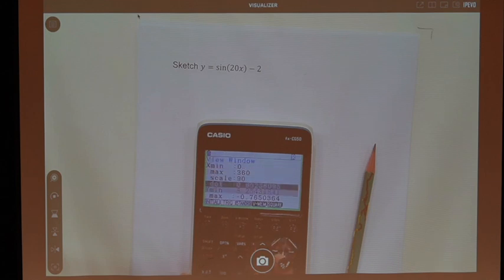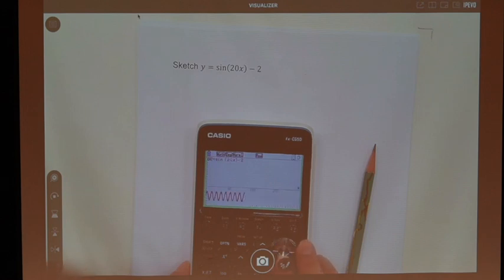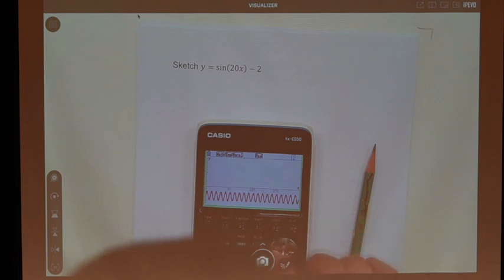I lost it. Yes, there we go. Or you can play around with the arrow bit to make sure it comes.